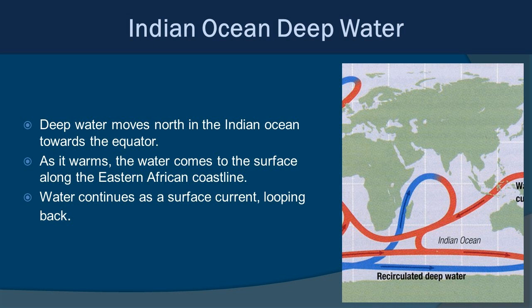If we follow that deep water into the Indian Ocean, it's going to move towards the equator. As it does, it's going to become warmer. Warm water is going to rise towards the surface along eastern African coastline. That water is then going to continue as a surface current, and it's going to loop back and start heading south again.